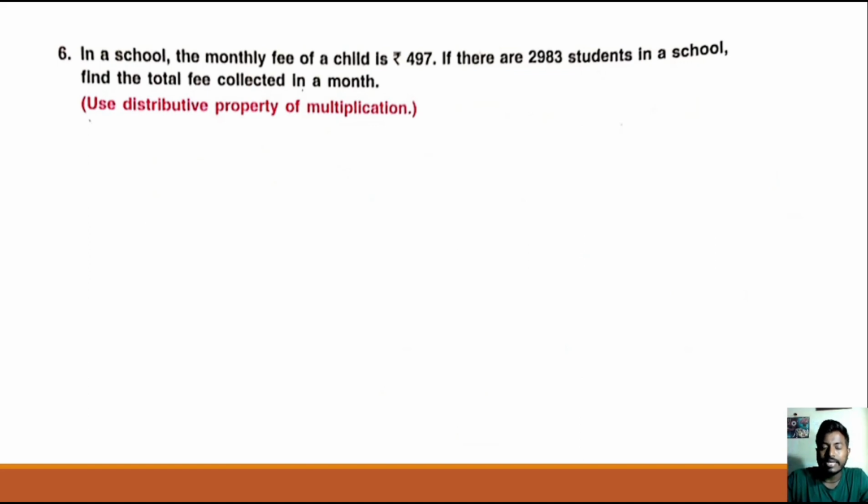Next question. In a school, the monthly fee of a child is 497. There are 2,983 students in a school. Find the total fee collected in a month.